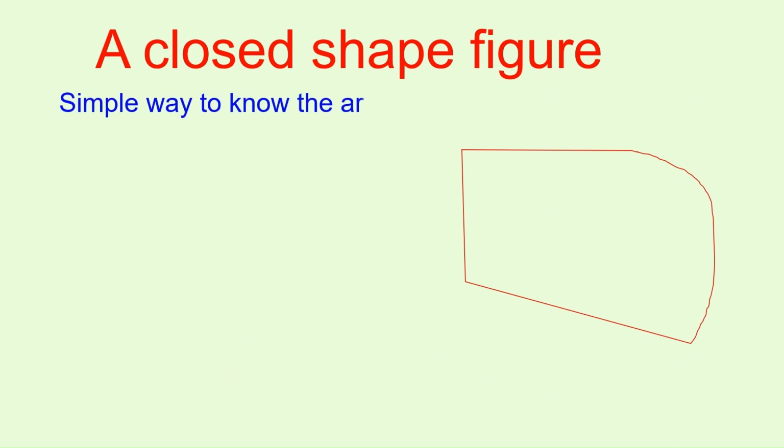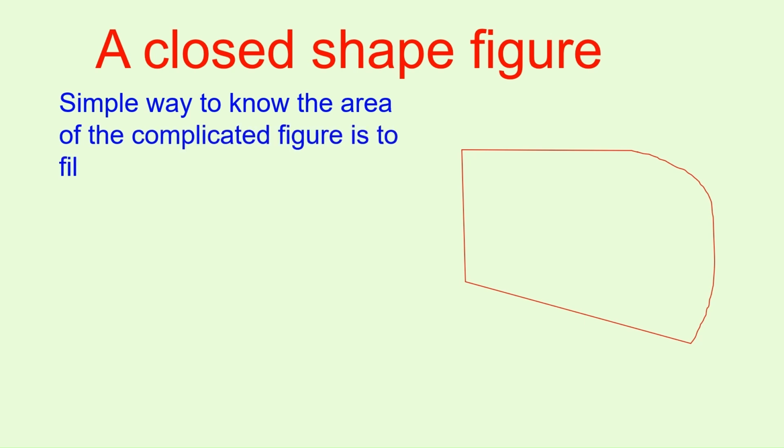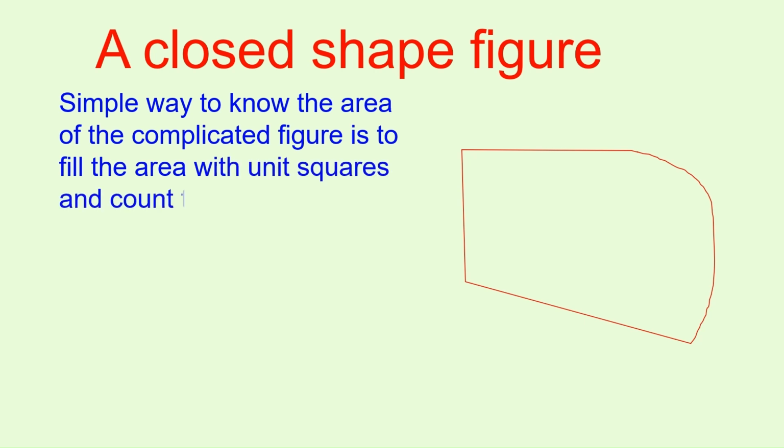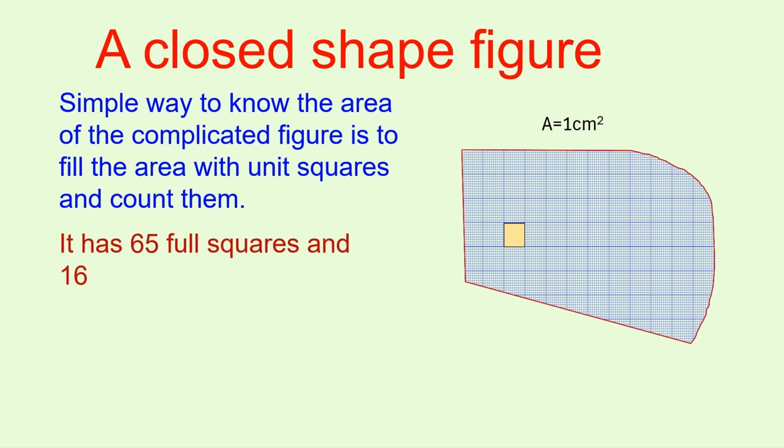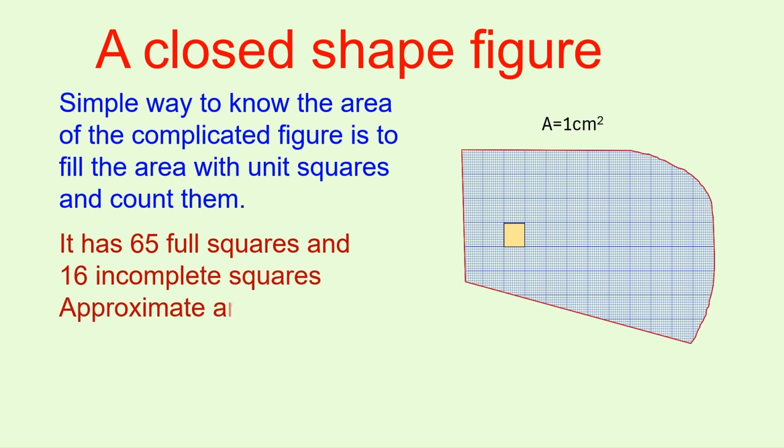The area of a closed-shaped figure. A simple way to know the area of a complicated figure is to fill the area with unit squares and count them. It has 65 full squares and 16 incomplete squares.